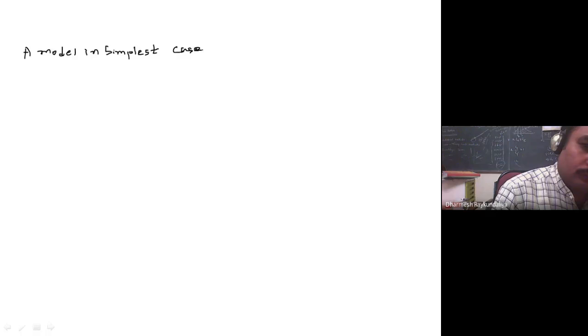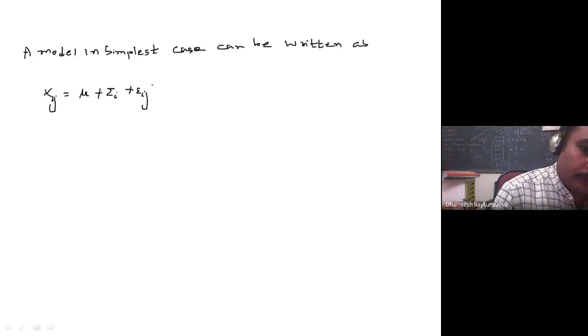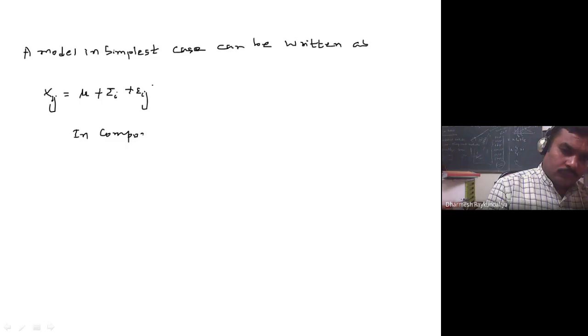can be written as x_ij is mu plus tau_i plus epsilon_ij. In the design model, we say that the expectation of epsilon_ij is 0 and tau_i is fixed, where i runs from 1 to the number of treatments, say v treatments, and j runs from 1 to n observations.